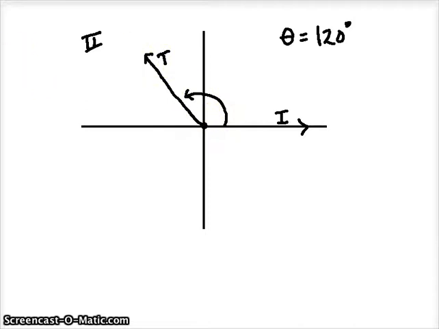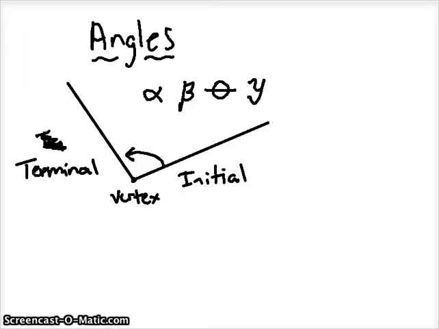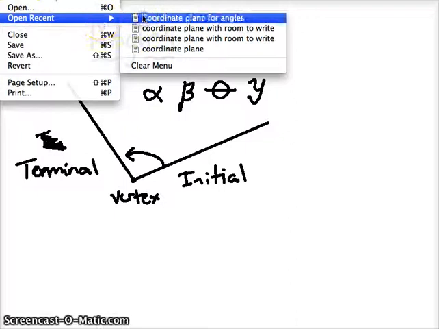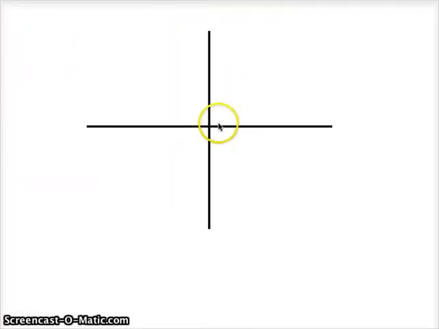I'm going to give you a challenge here. You may or may not have seen angles that measure more than 360 degrees. So for example, I'm going to call this angle theta, and we're going to try and draw an angle that measures 495 degrees.